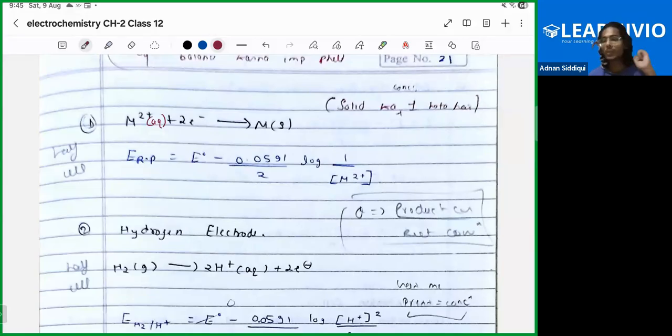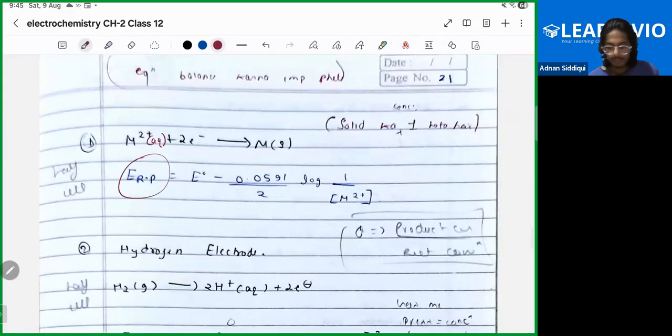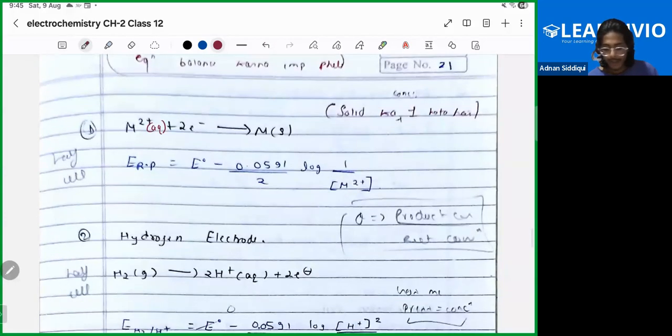So if you have to use the Nernst equation, the formula is this one. Your E cell is basically E naught minus 0.0591 divided by N log reaction quotient, right?